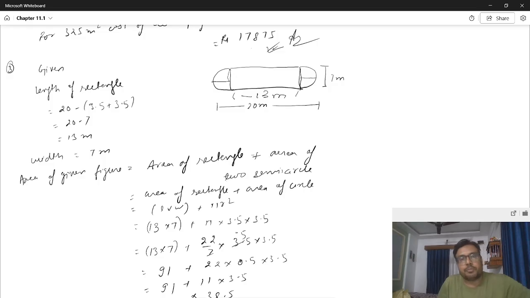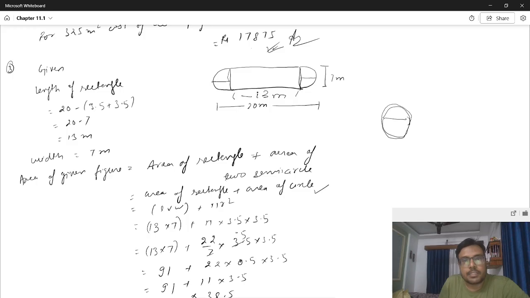If this is one semicircle and this is the other semicircle, if we join them, they will become a circle. So the area of the rectangle plus the area of two semicircles is equal to the area of the rectangle plus the area of a circle.